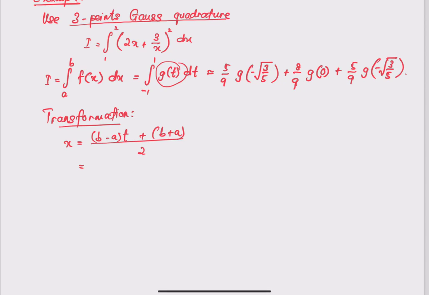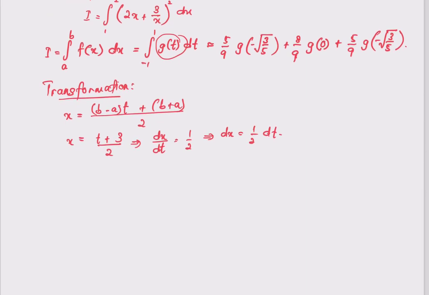So 2 minus 1 is 1, plus 3, divided by 2. So here is our x, and we also can find dx/dt is equal to 1 upon 2, so that our dx is equal to 1 upon 2 dt. And then the next step is you just substitute everything. You have what your function of x is, and you already know what your dx is.